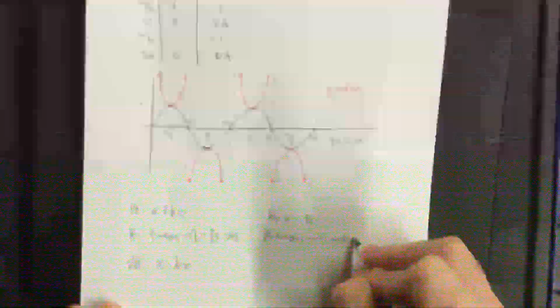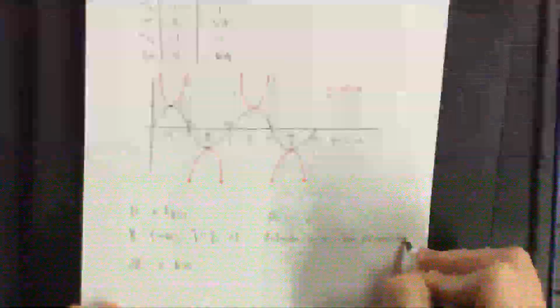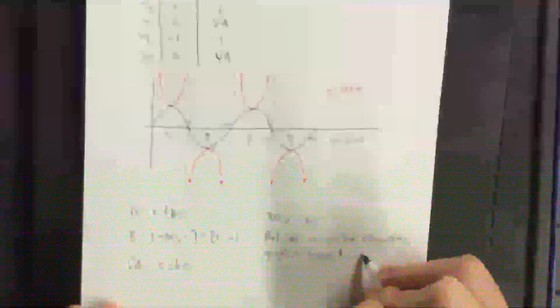Then between consecutive asymptotes, the graph is smooth and continuous.